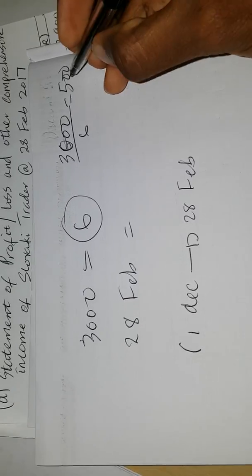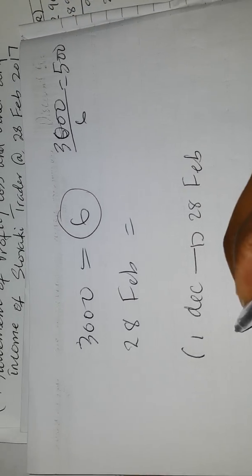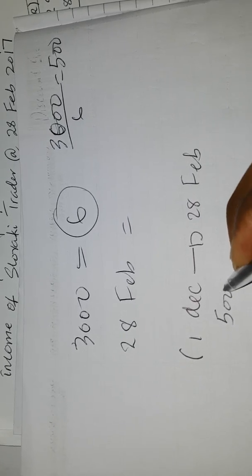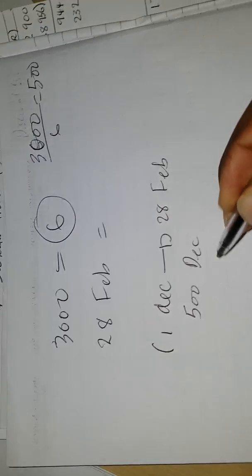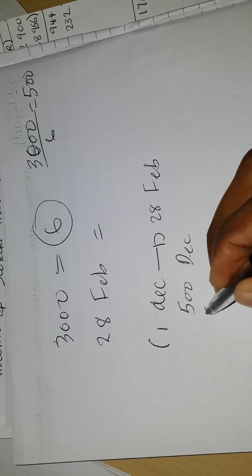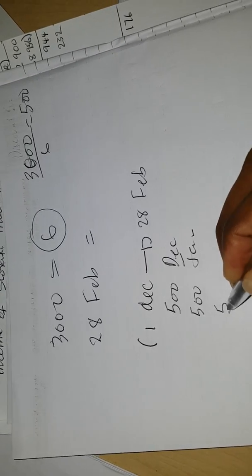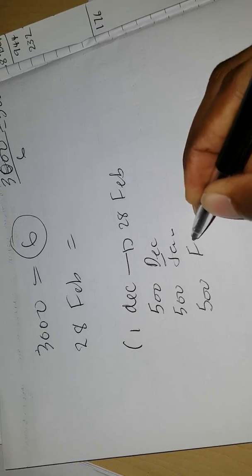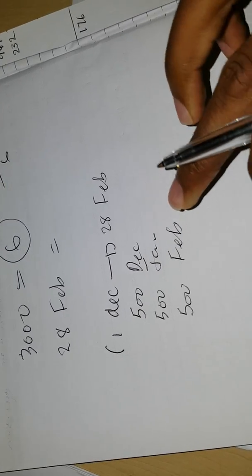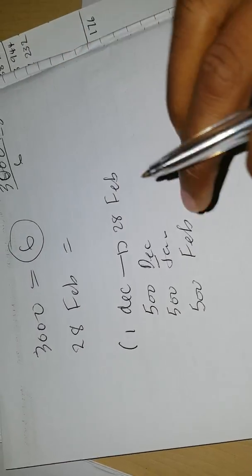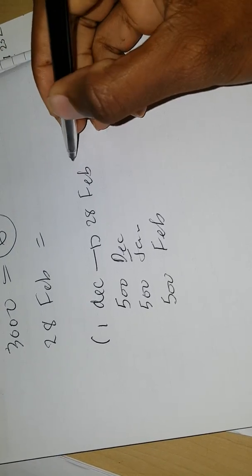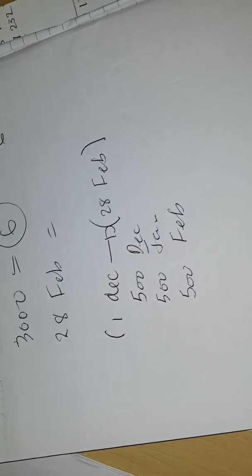Okay, now let's say 500 is for December, another 500 is for January, another 500 is for February. So we're not going to talk about March, April and May because it's another financial year. Remember, we must close here at the 28th of February.